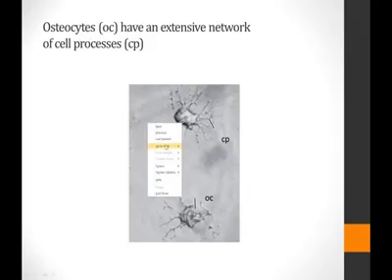This figure here shows how the osteocytes have an extensive cellular process network called the cytoplasmic processes. This is the cell body of your osteocyte, and these are the extensions of the osteocytic cell body called the osteocytic cytoplasmic processes, or the cytoplasmic process of an osteocyte, labeled as CP.